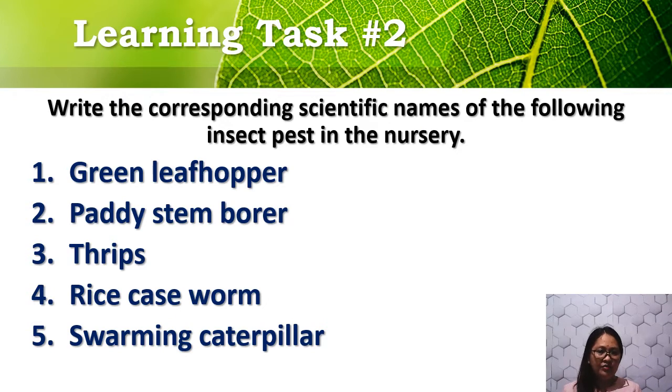Number 2, paddy stem borer. Number 3, thrips. Number 4, rice caseworm. And then last, number 5, swarming caterpillar.